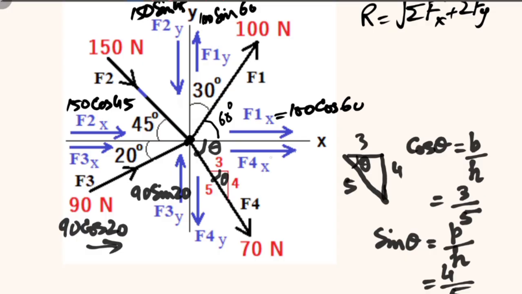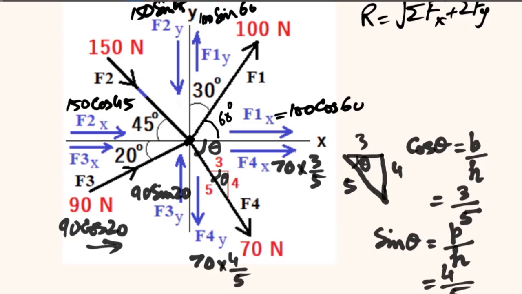So we can say that F4, which is 70, will be 70 into cos theta, which is 3 by 5, and the y component will be 70 sine theta, and sine theta is 4 by 5. So F4y will be equal to 70 into 4 by 5. So this way we have got the components of all the forces which are acting at this common point.